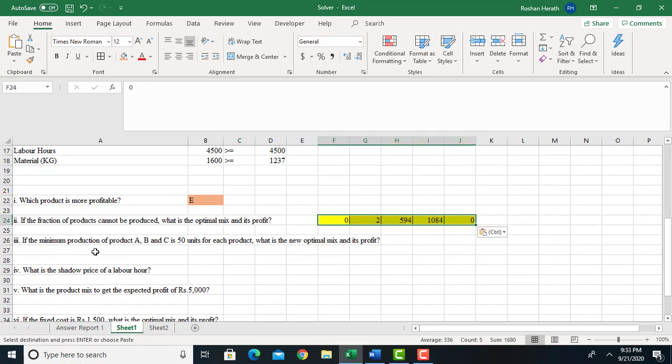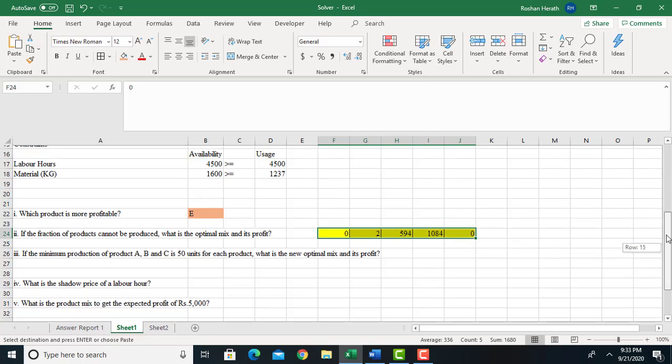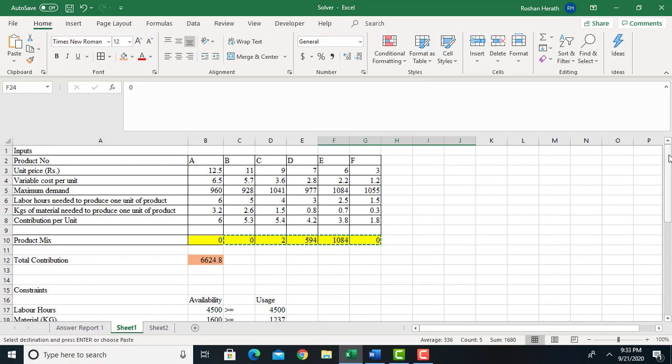If the minimum production of products A, B, and C is 50 units for each product, what is the new optimal mix and its profit? Then it introduces another constraint. At the moment, you are not producing that many units of products A, B, and C. In fact, A is 0, B is 0, and C is 2.